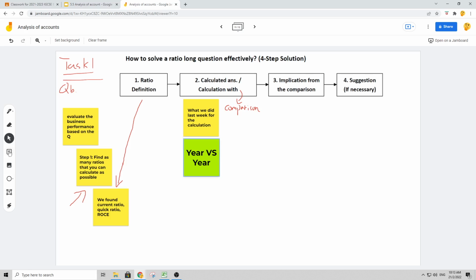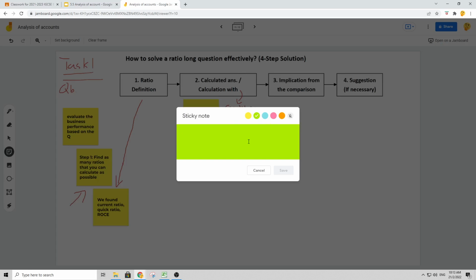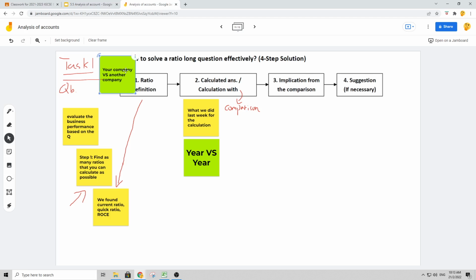Maybe you will see something like your company figures versus another company. It's the same, you just make a comparison.